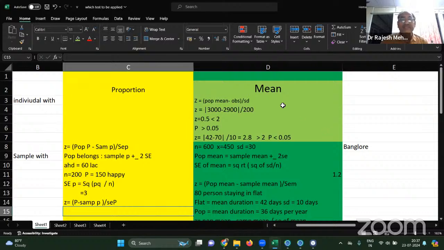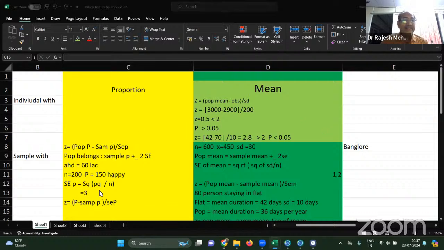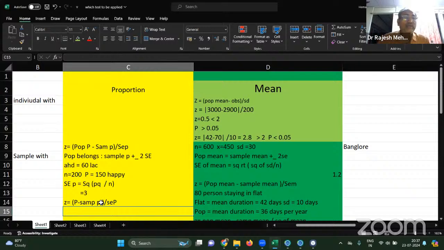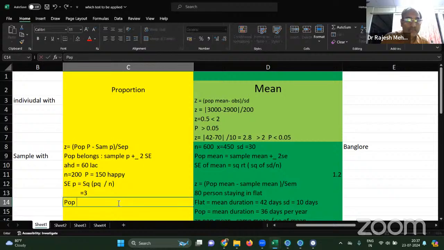Then it becomes very simple. In this case, the standard error is 3. If you want to find out how many people will be happy in Ahmedabad, you say the population proportion belongs to the sample proportion, which is 75%, plus minus 2 into standard error.